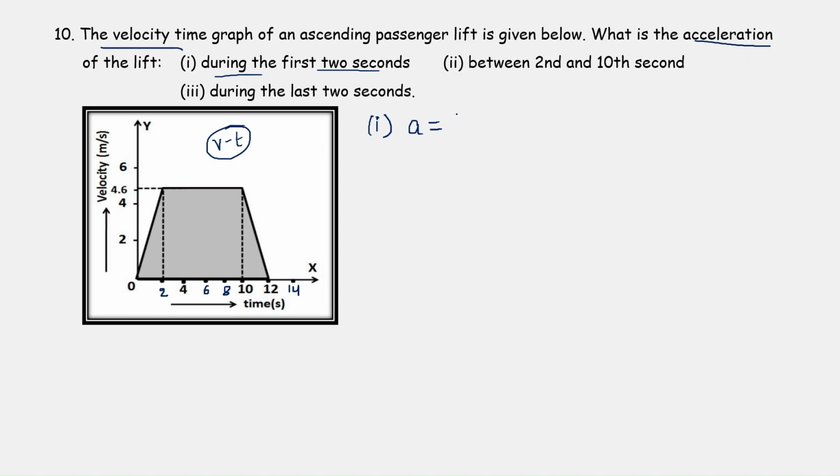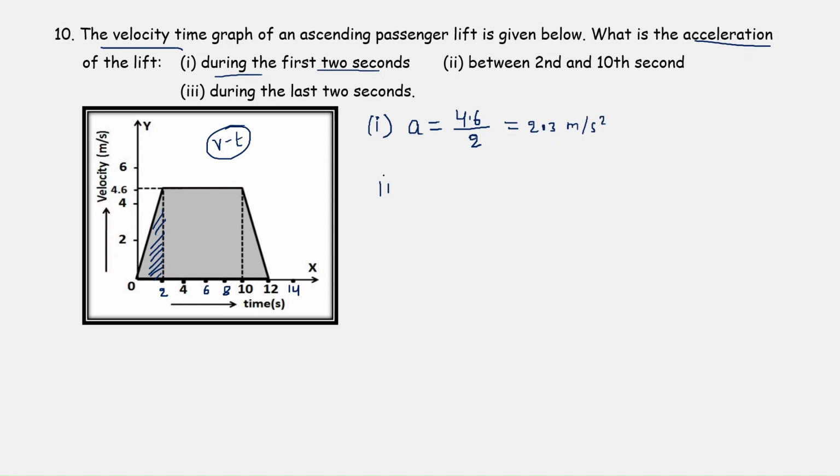It is slope, right? So we have to find out the slope of the velocity time graph to find acceleration. What is slope? y2 minus y1 by x2 minus x1. So if you consider from 0 to 2 seconds, we have to find out the slope. Here y2 minus y1 will become 4.6, the total length along the y-axis, divided by the total length along the x-axis, which will be 2 seconds. So 4.6 by 2, which is 2.3 meter per second square. Okay.